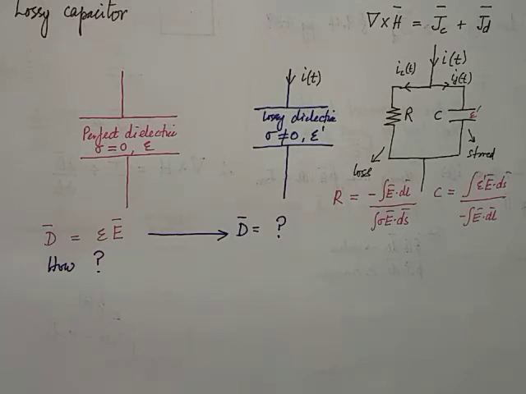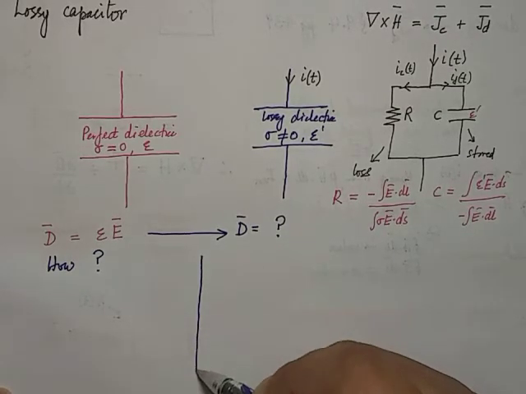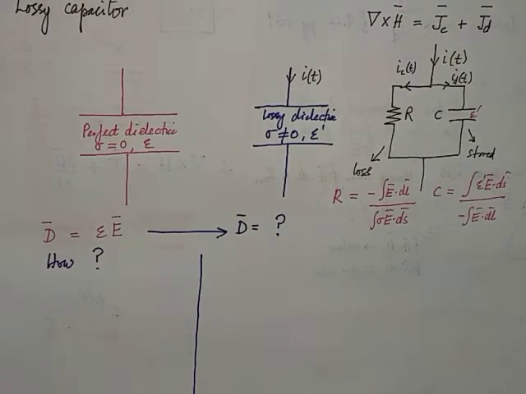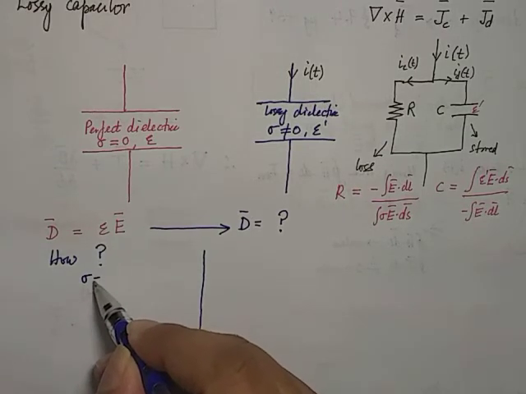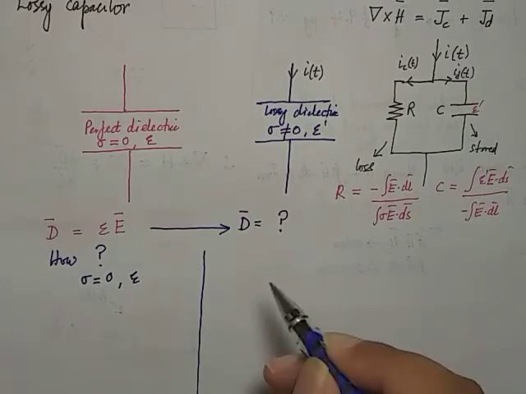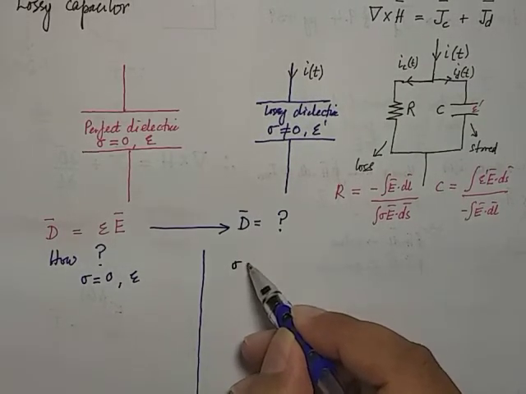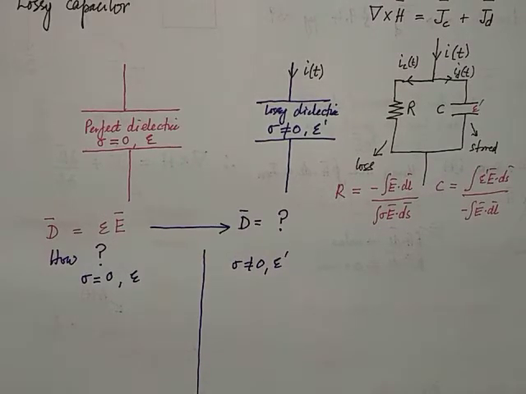In order to do that, let's do this comparison. On the left hand side, we have the perfect dielectric, and on the right hand side, the lossy dielectric. For perfect dielectric, we know that sigma is equal to 0, and the permittivity is epsilon, whereas for lossy dielectric, sigma is not equal to 0, and the permittivity is epsilon prime. That should be our basic parameters regarding both dielectric mediums.